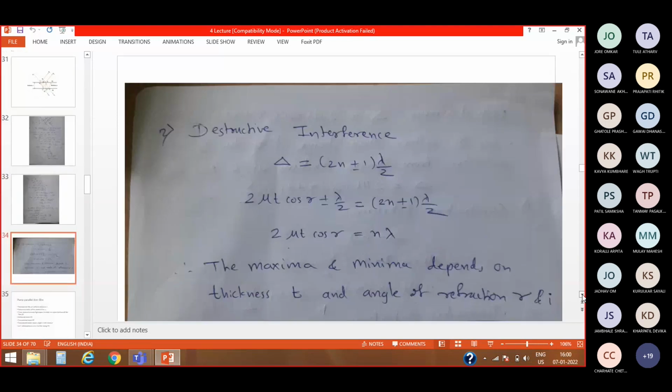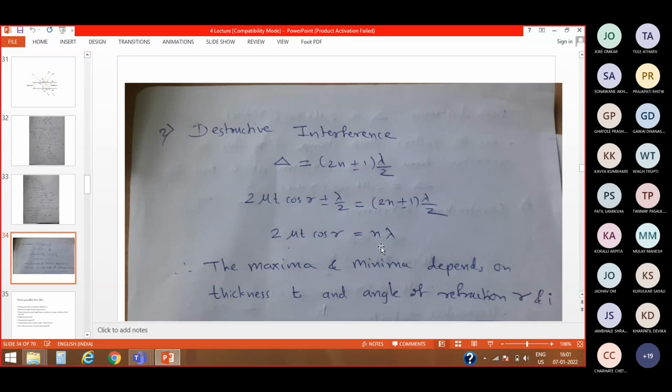Now destructive interference. For destructive interference, delta is equal to 2n plus or minus 1 into lambda by 2. Put the value of the path difference here, 2 times mu t cos of r plus or minus lambda by 2. After simplification of this equation, at the end I got 2 mu t into cos of r is equal to n lambda.